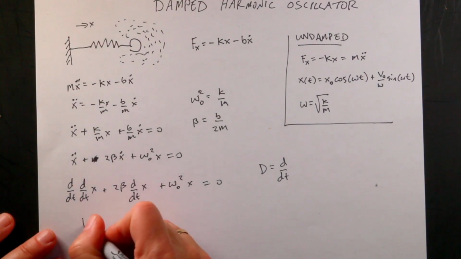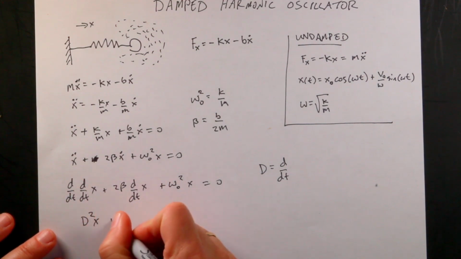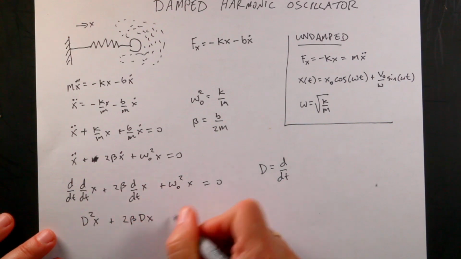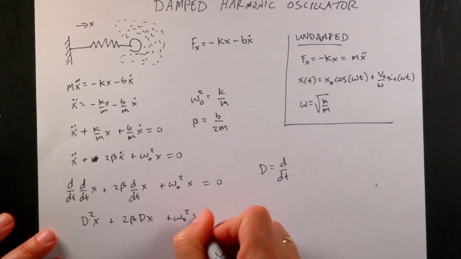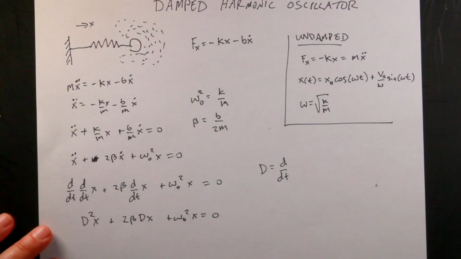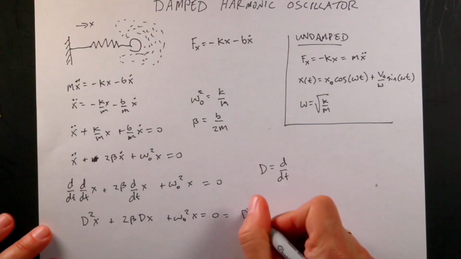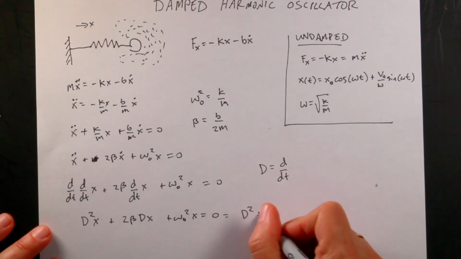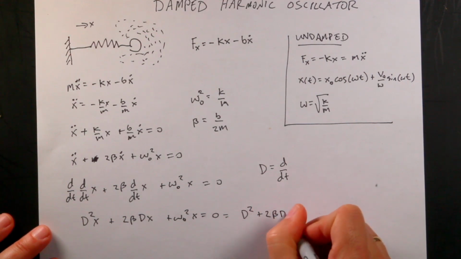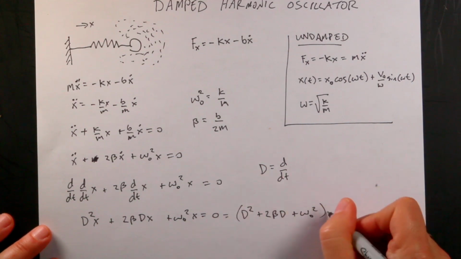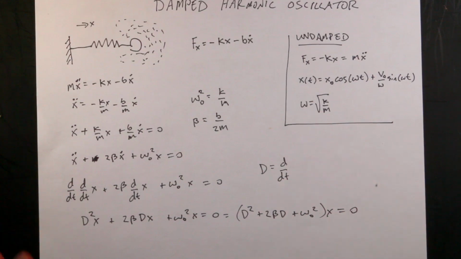Let's just write that out. d squared x plus 2 beta dx plus omega naught squared x equals 0. Now with this, I can actually factor out the x, and I get d squared plus 2 beta d plus omega naught squared, all of that operated on x, is equal to 0.